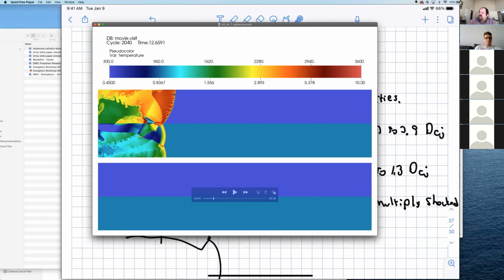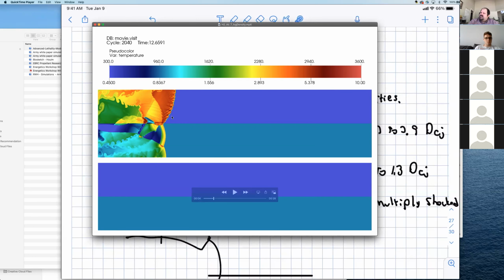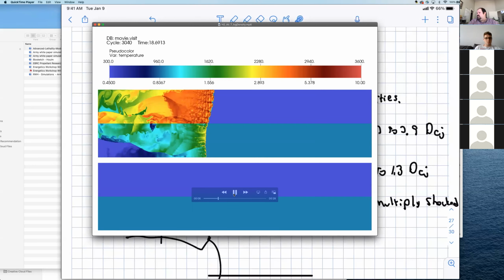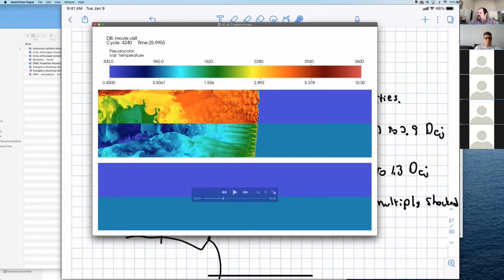This here is a detonation, but notice that it's not nice and smooth like we kept drawing for the explosive charges. For the gas, it is really bumpy. And those bumps are not numerical, they're physical. If I pause it again, you see this fairly regular repeating pattern of these little bumps and then these depressions.